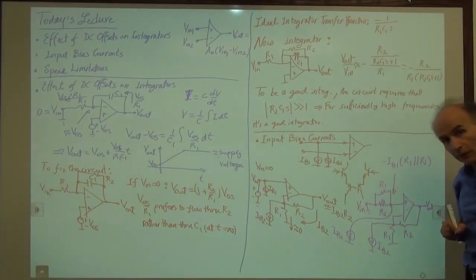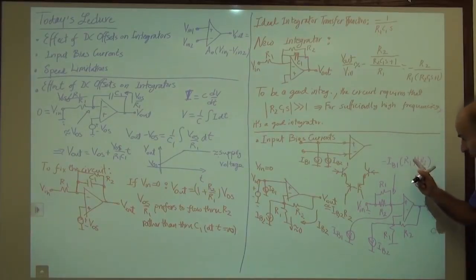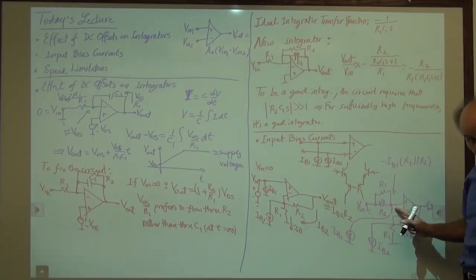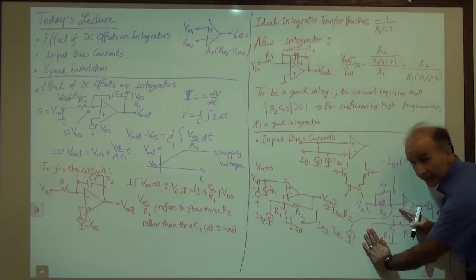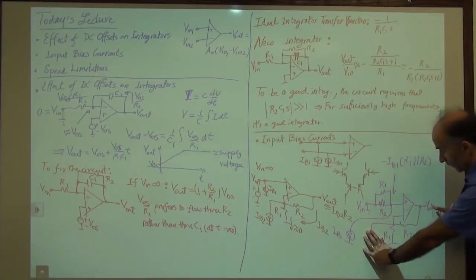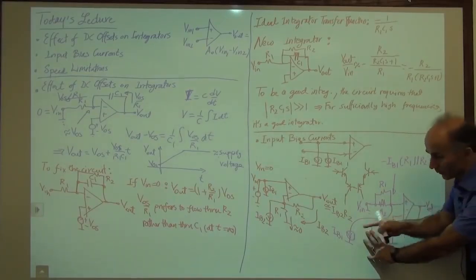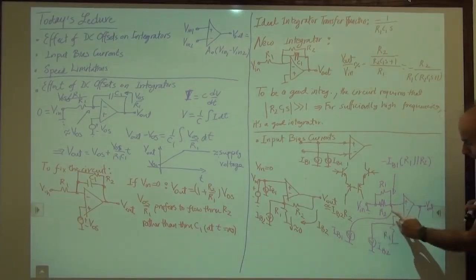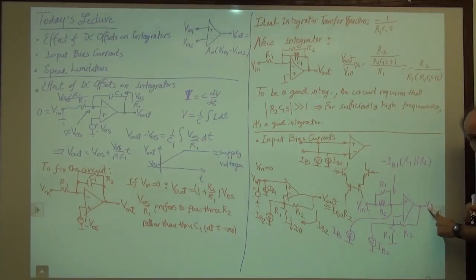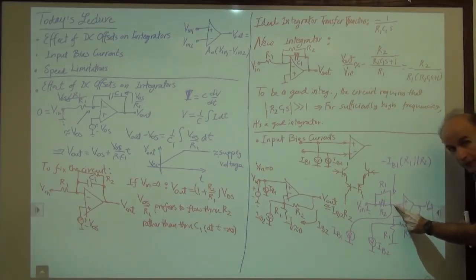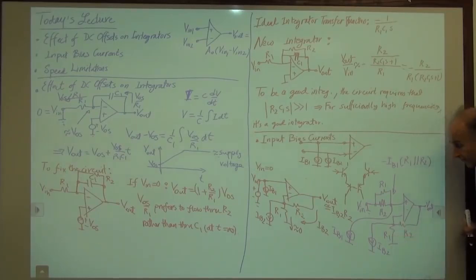Now how much output voltage do I get as a result of this voltage? I can use superposition again, meaning that I don't have to worry about this guy, and I measure the output voltage just resulting from IB1. Now from here to the output, I have a non-inverting amplifier, right? That's a non-inverting amplifier. So the voltage that I have produced here is multiplied by 1 plus R2 over R1.